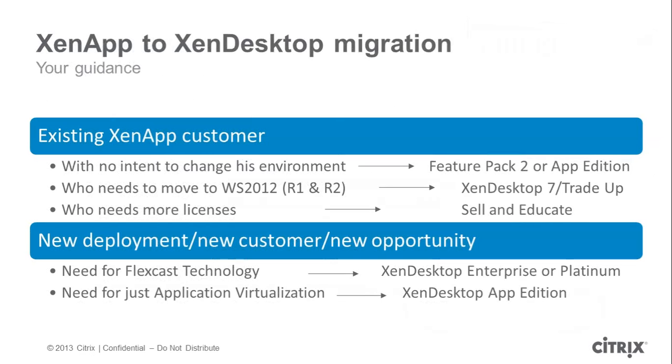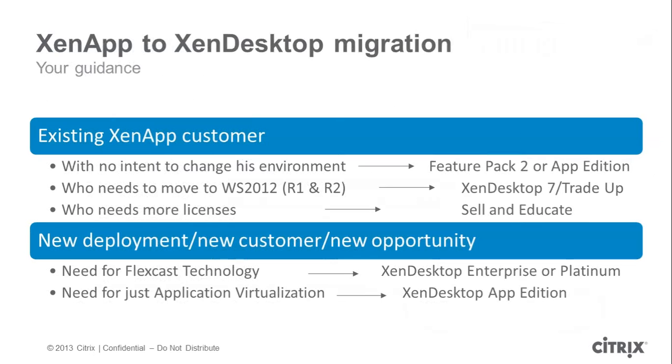For those customers who want to move to Windows Server 2012, whether it's R1 or now R2, obviously they need to drive to XenDesktop 7, since that's only supported in the XenDesktop 7 platform, and so they can start that today.